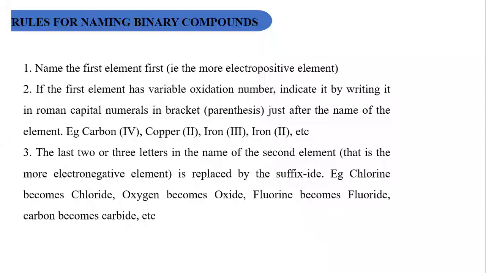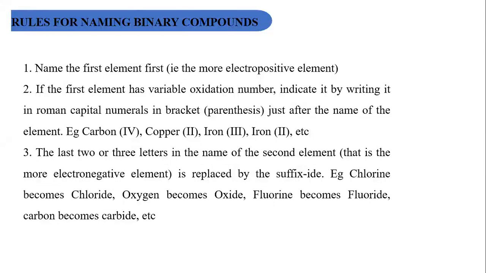Then the third and last rule is that the last 2 or 3 letters in the name of the second element are replaced. That second element is the more electronegative element. What does that mean? It means that element has a better ability, a higher tendency to form negative ions than the first element has.